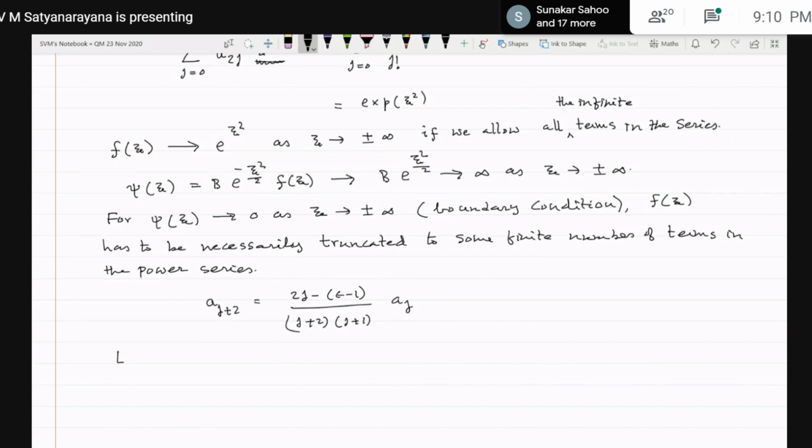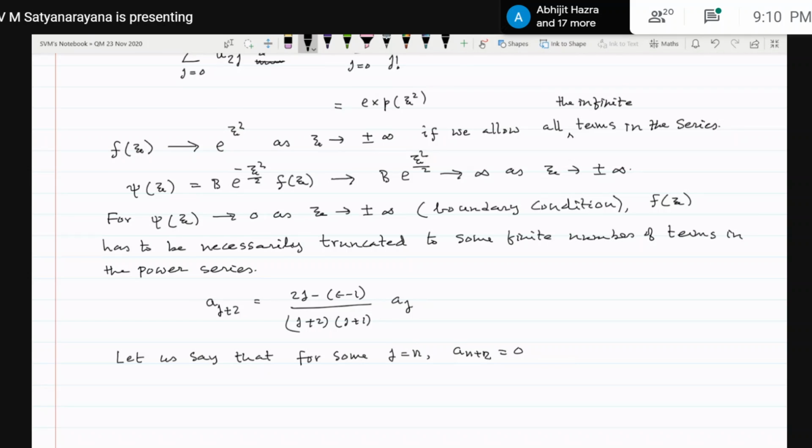Let us say that for some j equal to n, a_(n+2) is equal to 0.